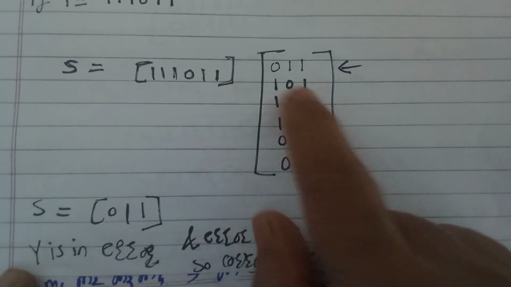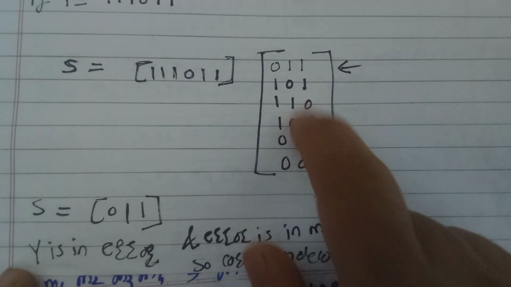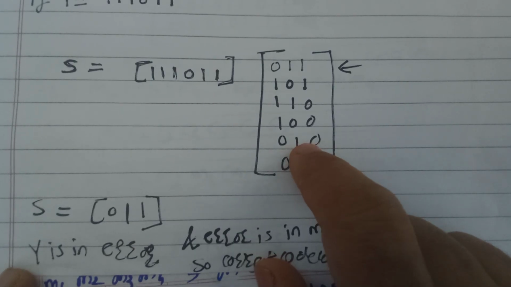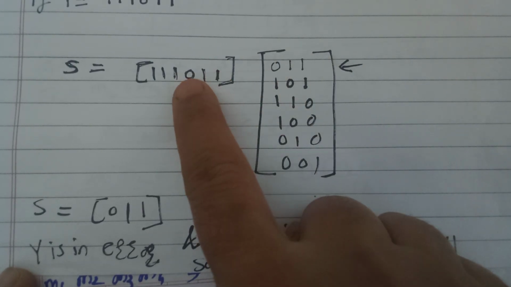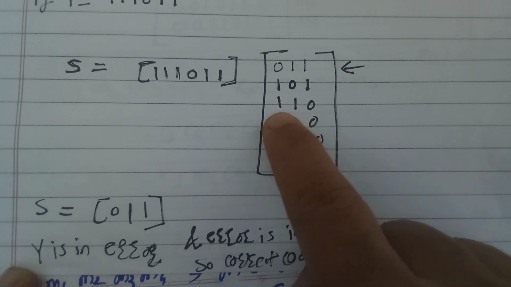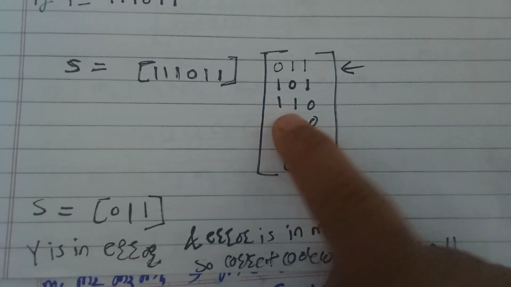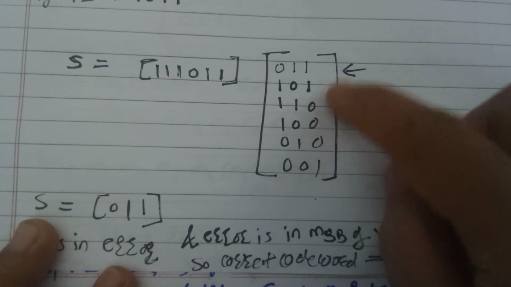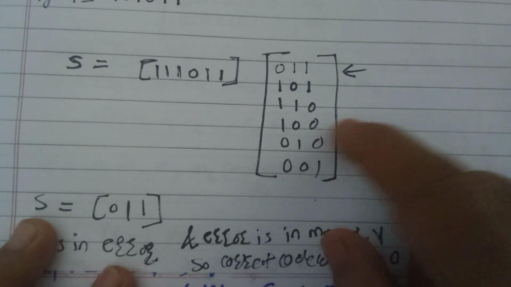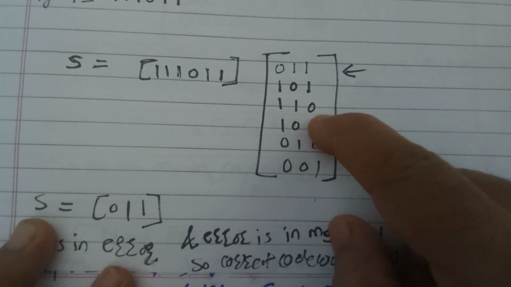So you have to consider all the rows of H^T except that fourth row, and do the addition of all the other rows.